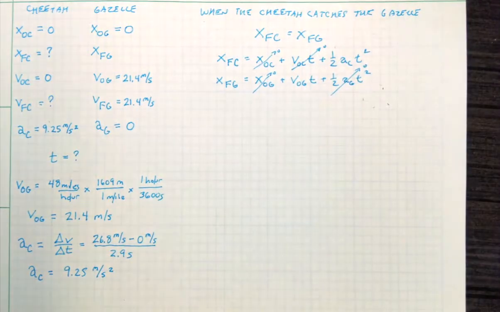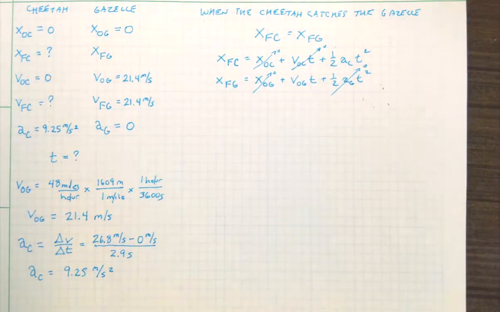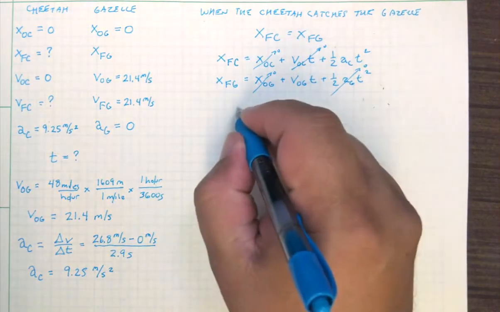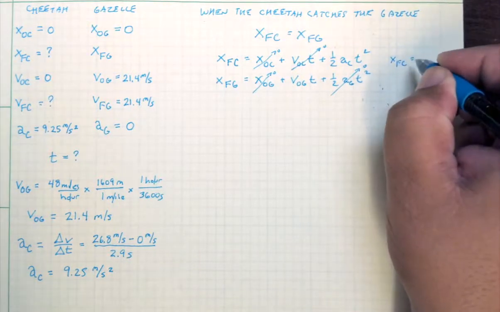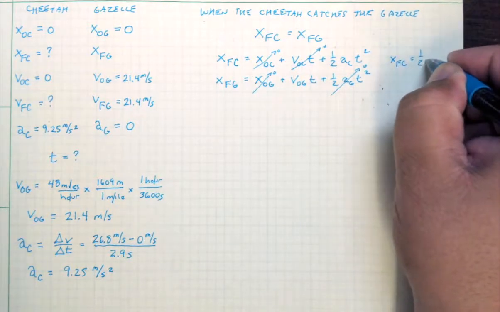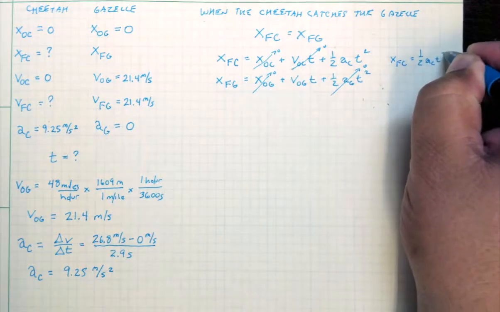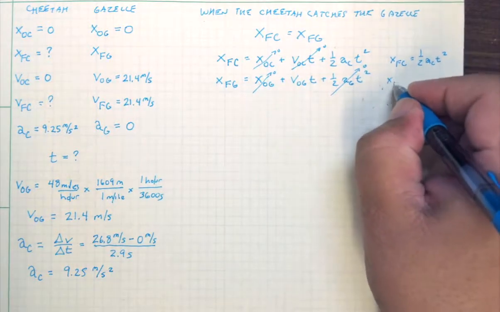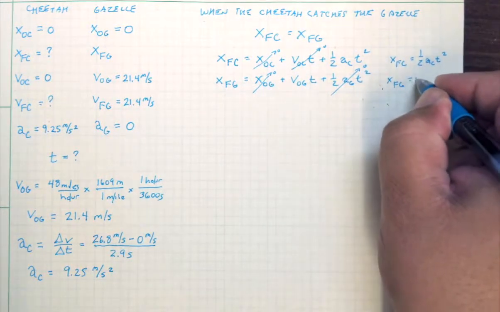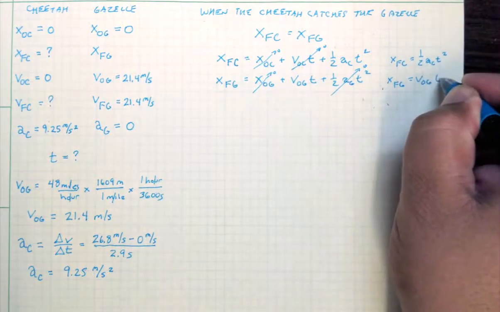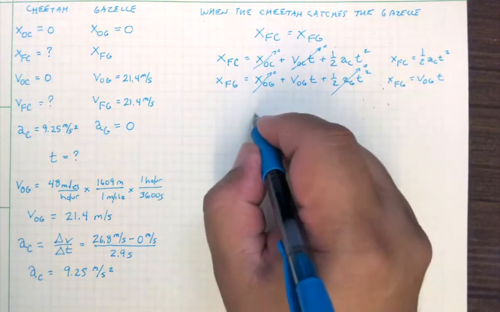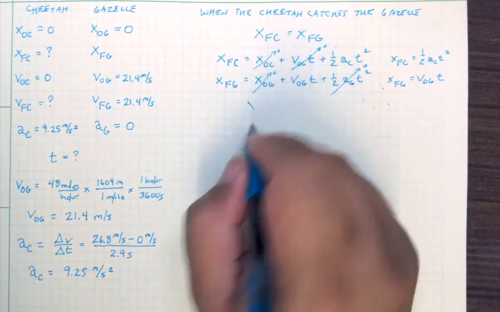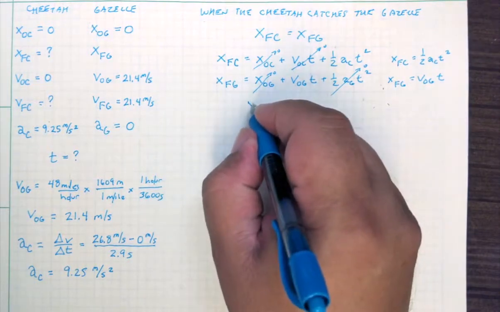That leaves us with very simplified equations, saying that the final position of the cheetah is 1/2 times the cheetah's acceleration times the time squared, and the final position of the gazelle is the initial velocity of the gazelle times the time. We then set these two equal to each other, and we should be able to solve for the time.